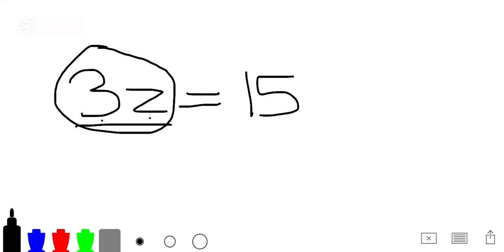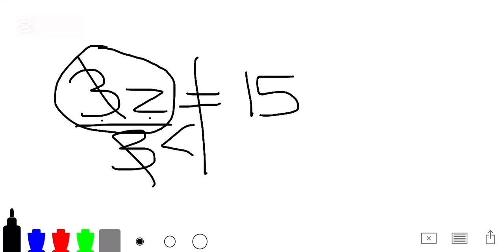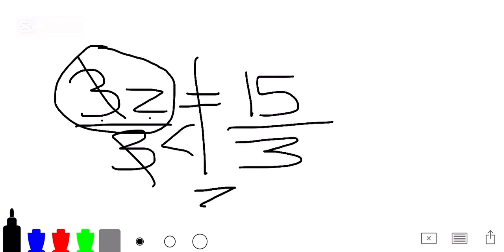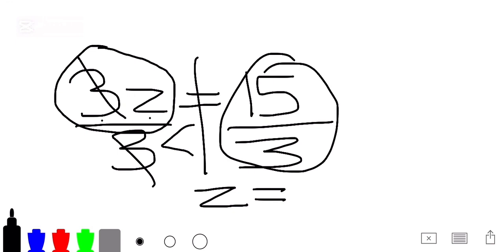So what we're going to do is 3z divided by 3, and that's the opposite of multiplication, division. And these cancel out, and whatever we do on this side of the equal sign, we must do here. And so z equals whatever this is. So 15 divided by 3 is 5.